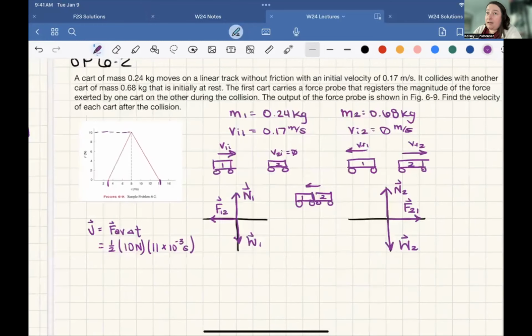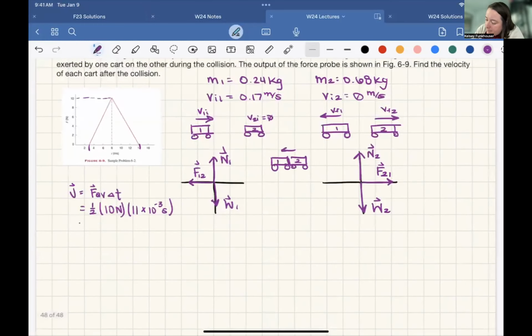And this is 0.055 kilogram meters per second, or newton seconds. Those are the same units. So let's see, we also know that impulse equals the change in momentum.